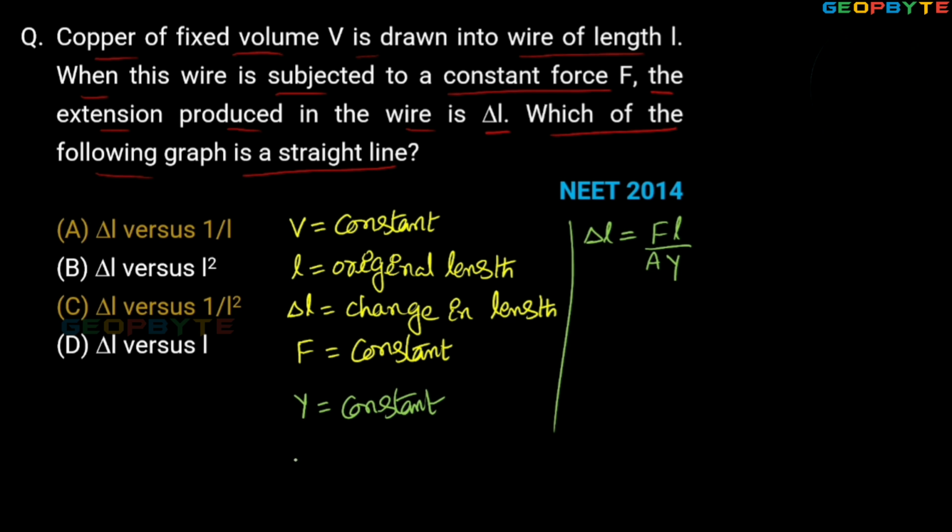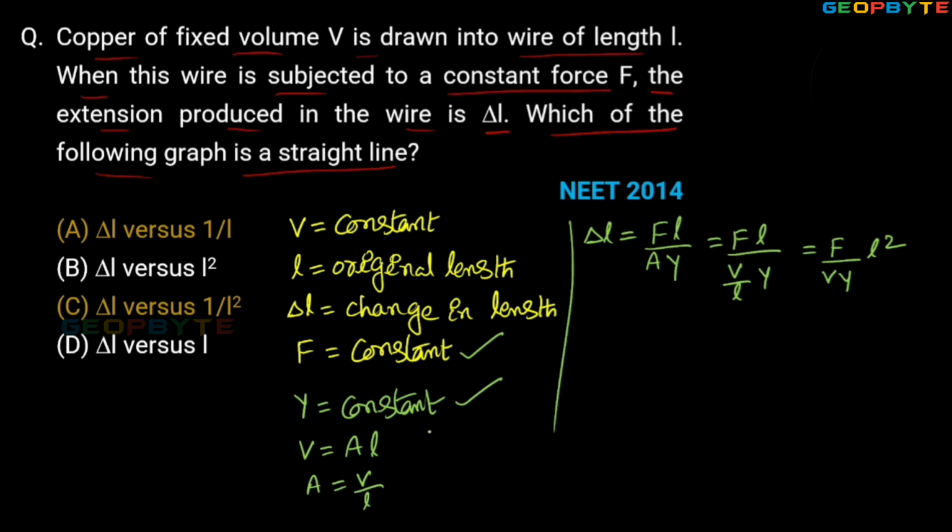For that, we need to write area in terms of volume. Volume equals area multiplied by length. From this, area equals volume by length. So it is equal to F L by (volume by length) into Y, which equals F V Y by L square. Here F is constant, volume is constant, and Young's modulus Y is constant.